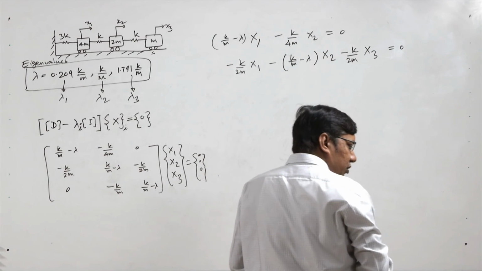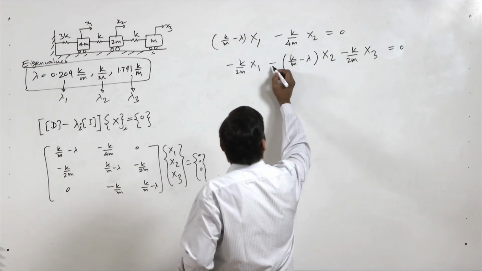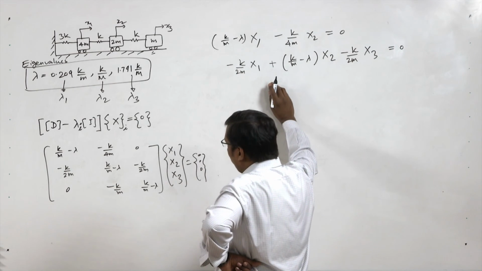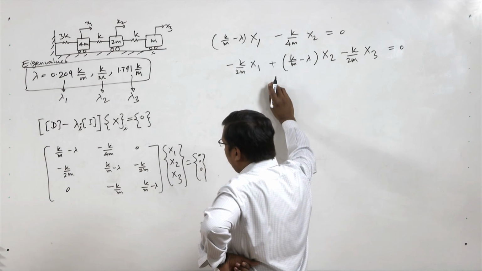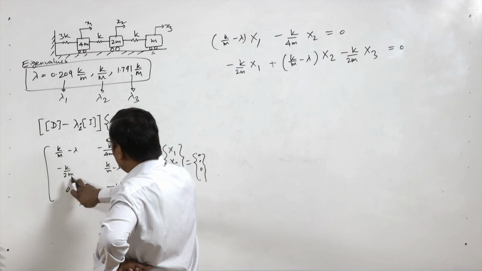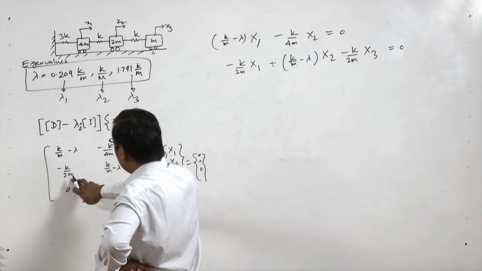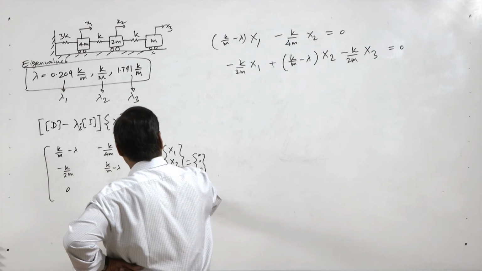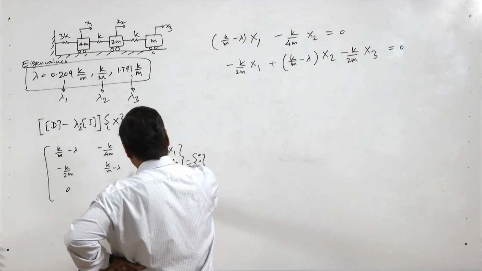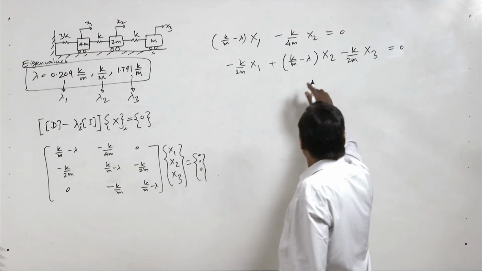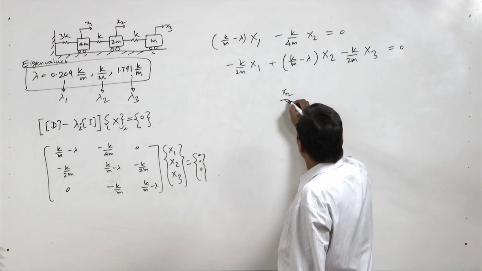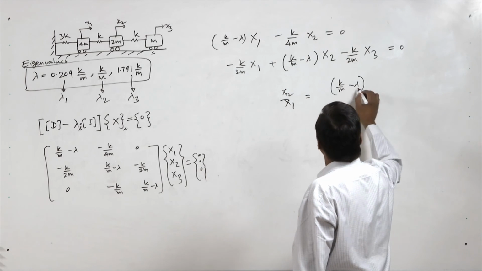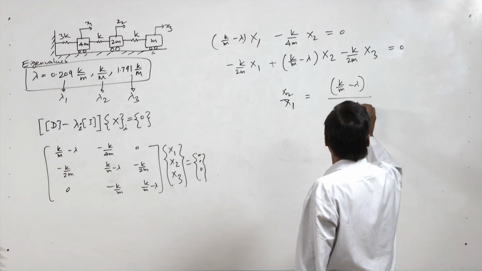Now if we solve these equations, from here x2 by x1 we get, and that is k by m minus lambda upon k by 4m.